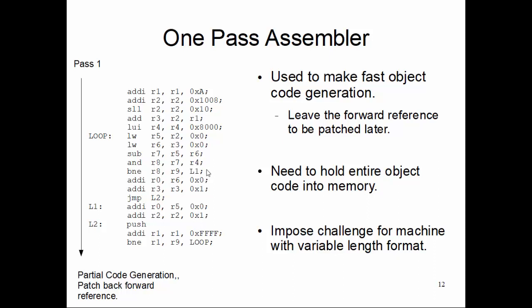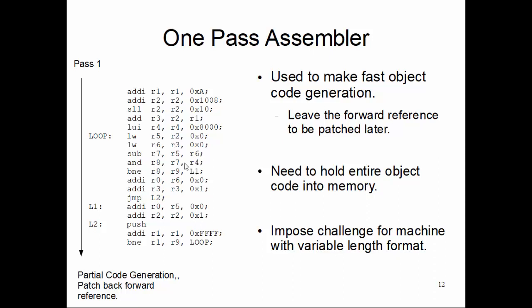Now in the one pass assembler, when we encounter a forward reference, one strategy can be that we defer the generation of the machine code of this instruction and take a note of which instruction number it is, 1 2 3 4 5 6 7 8 9 10. Instruction number 10 we have not converted into machine code because we don't know what the label address is.